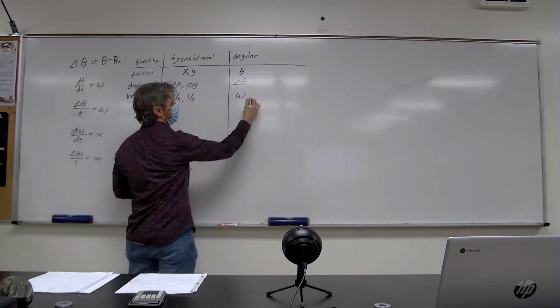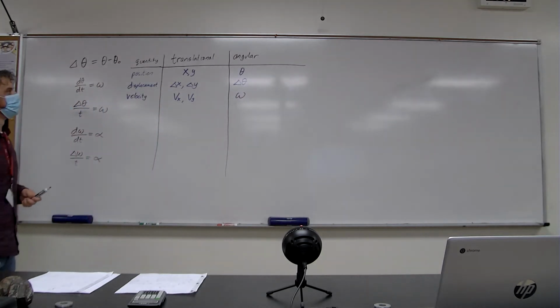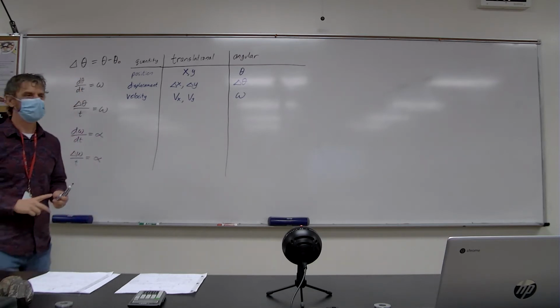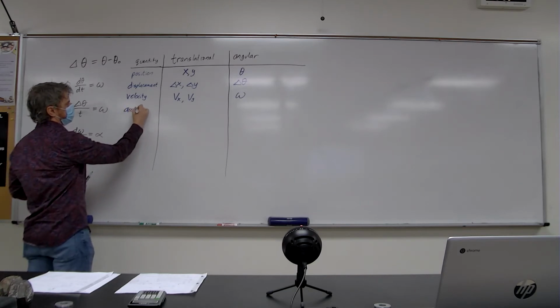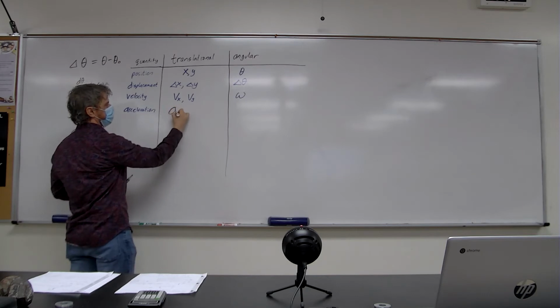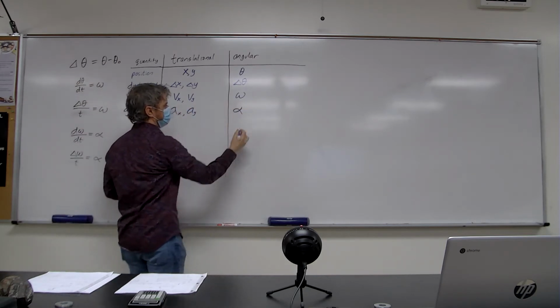Angular velocity is omega. It is a vector, and we'll talk about that in a minute. Angular velocity is a vector. We didn't talk about that last year. And then we have acceleration. Acceleration is acceleration in the x direction or acceleration in the y direction. For angular acceleration, it's fishy.